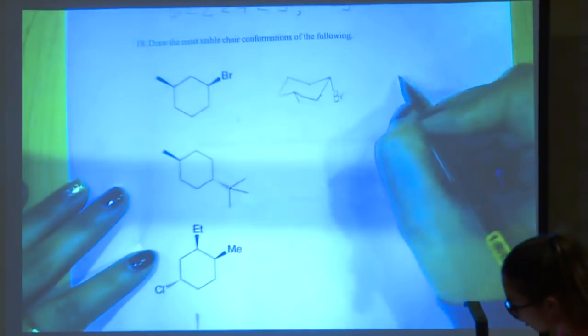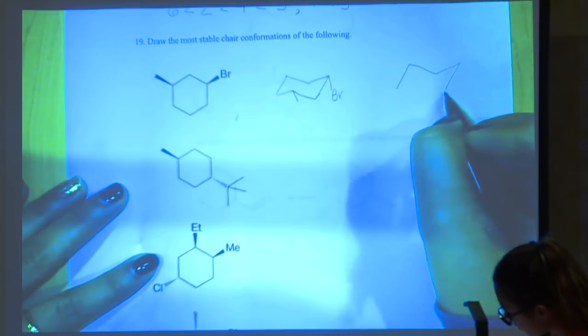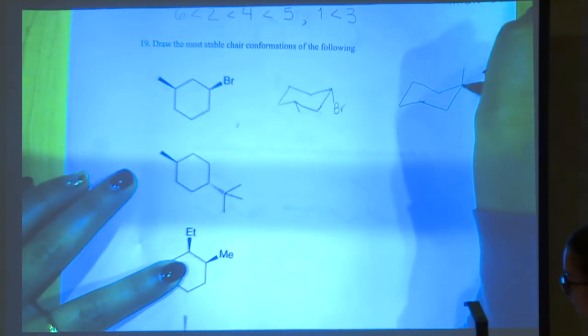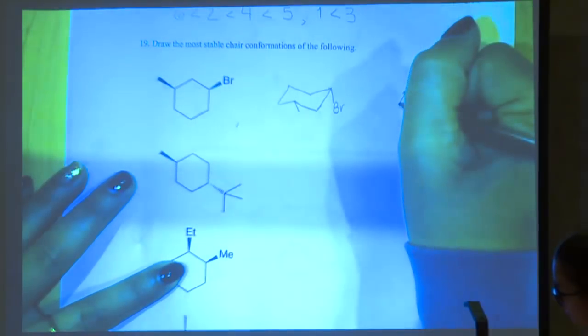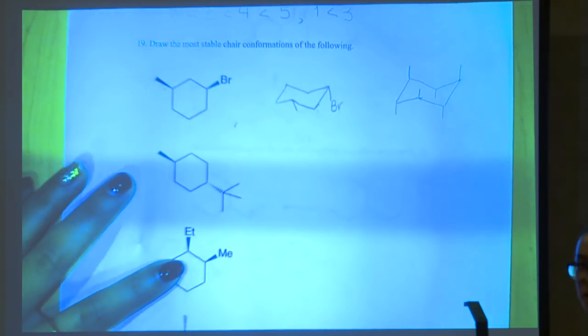Here, I'll just draw out the quick, regular scheme of what they look like. So you have up, up, up, right? Down, down, down. And those are our axial ones.